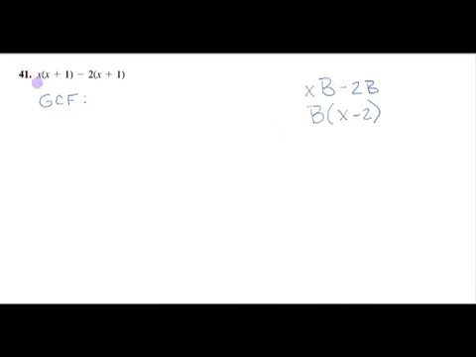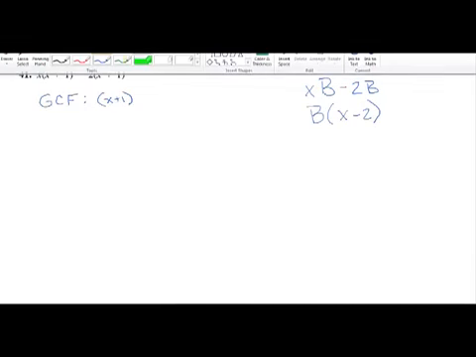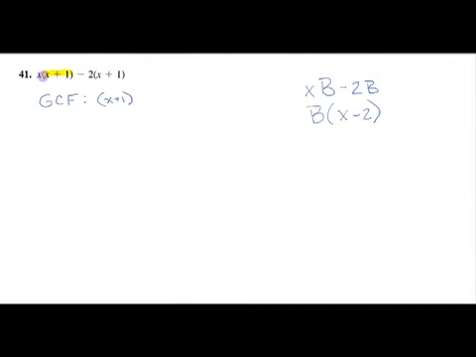So what we'll do is recognize that x plus 1 is the greatest common factor, just like the b is the greatest common factor. Let me highlight these to let you see. This x plus 1 is the same as this b, and this x plus 1 is the same as this b.